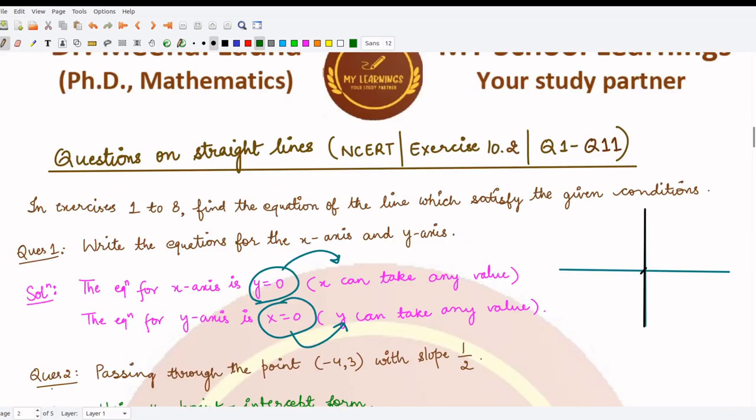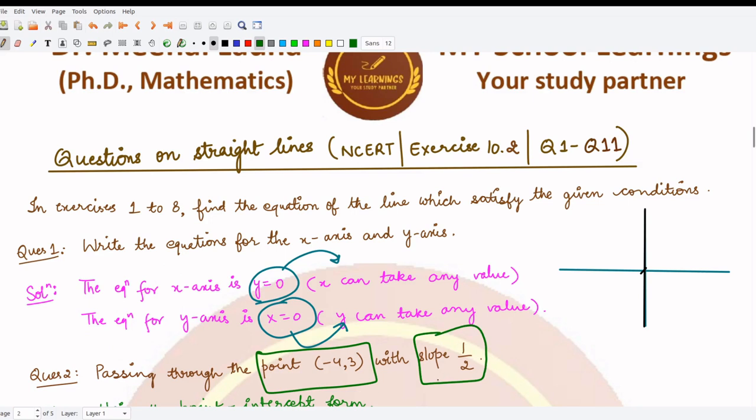It says that, passing through the point (-4, 3), we have to calculate the equation of the line having slope 1/2. So two things are given to us: one is this point, another is this slope. First of all you have to see, with the given information, which form we can use here: one point and one slope.